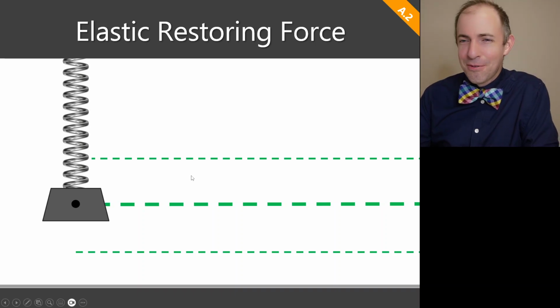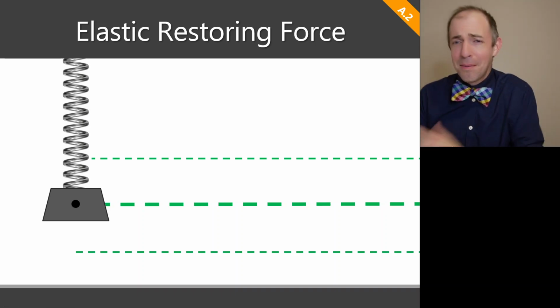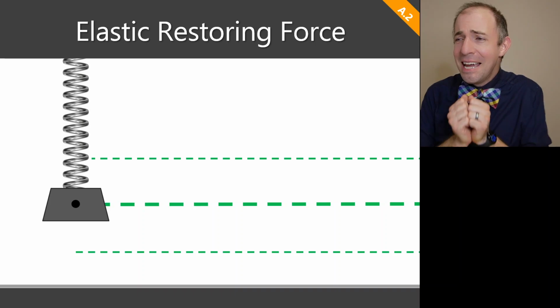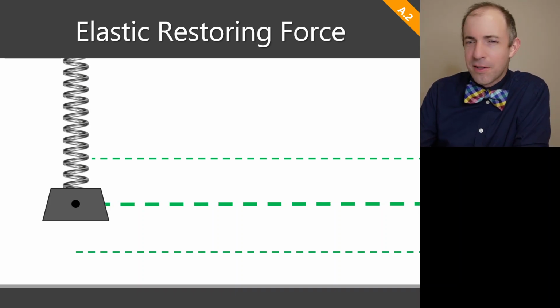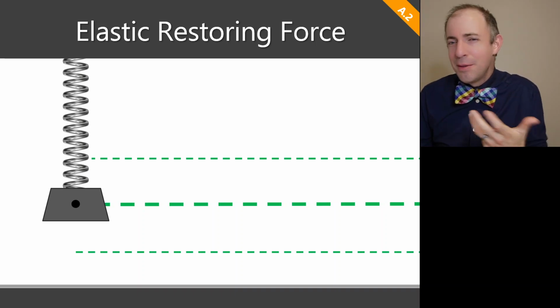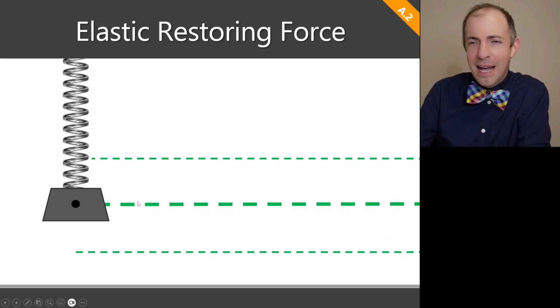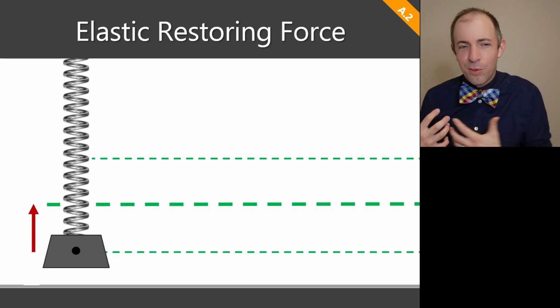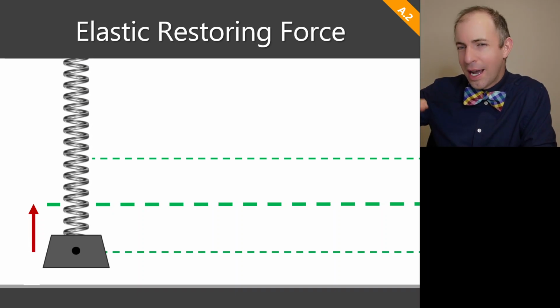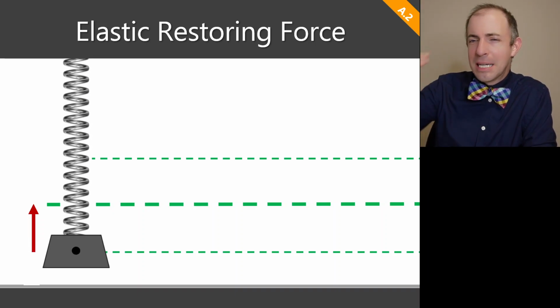Next is the elastic restoring force. This is something that you've probably experienced before as well. Anytime you have an elastic, whether it's a spring or rubber band, there is a force that is caused anytime you distort it. So, say I have this mass on a string and I pull it downward, there is what we're going to call a restoring force that is trying to pull it back up to its equilibrium point.